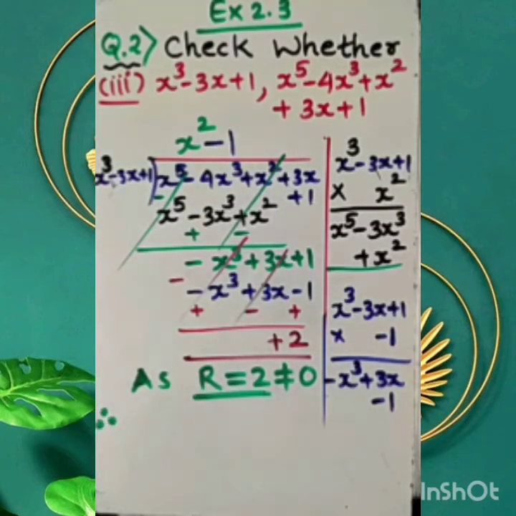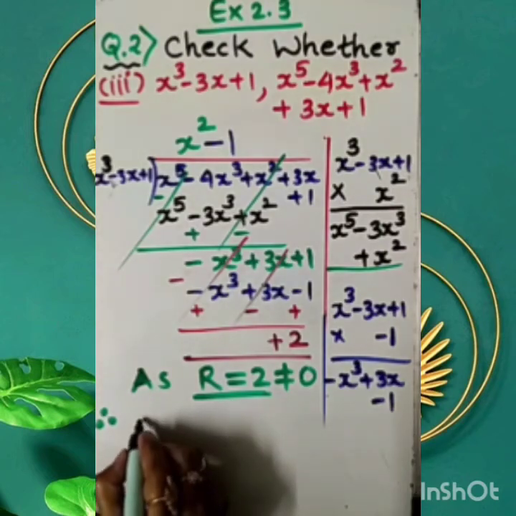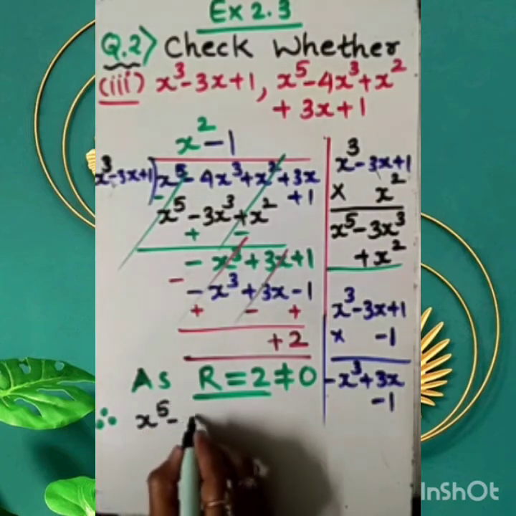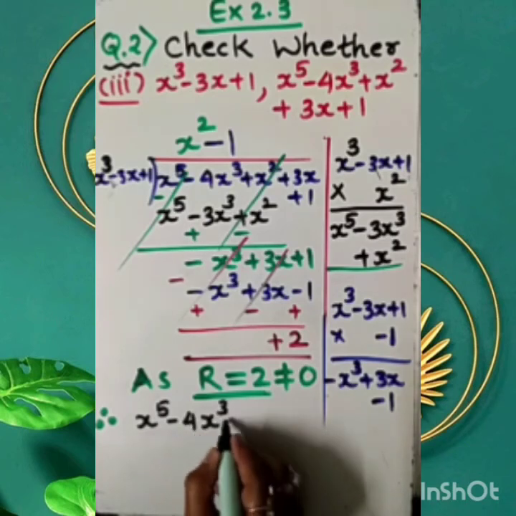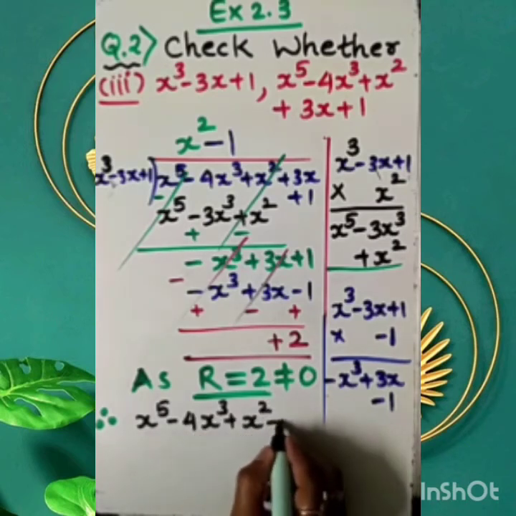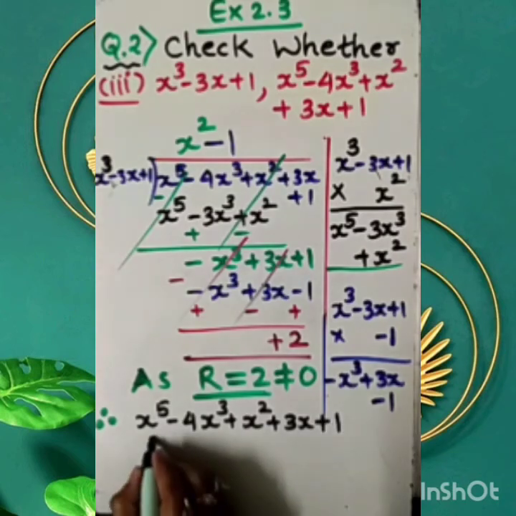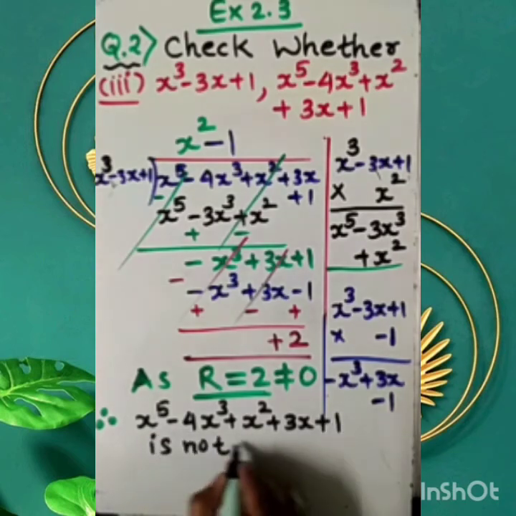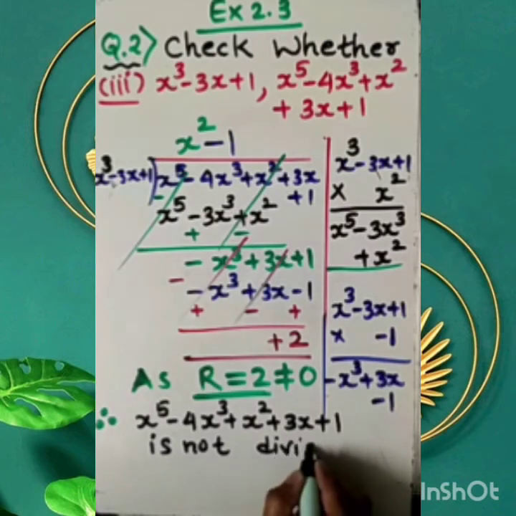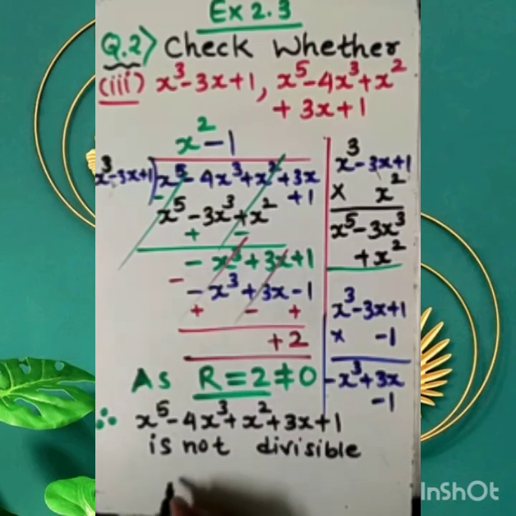Therefore, what should we say for this result? Therefore, x to the power 5 minus 4x cube plus x square plus 3x plus 1 is not divisible by x cube minus 3x plus 1.